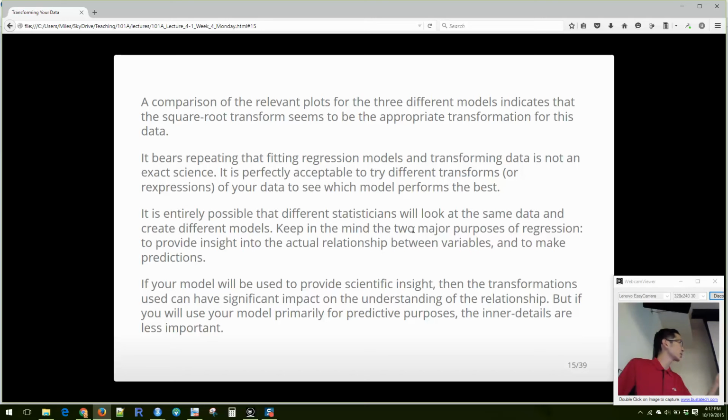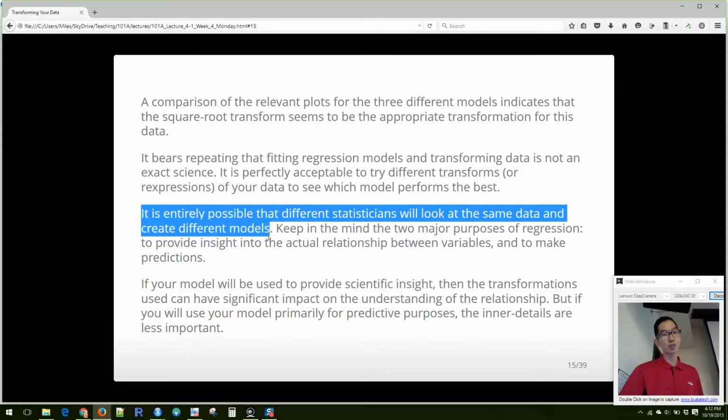There's one thing we didn't do, which you could do: take all of your x values or y values and subtract them from a constant, so that it changes the order this way to that way, and that can help. And it says here it's entirely possible that different statisticians will look at the same data and create different models.